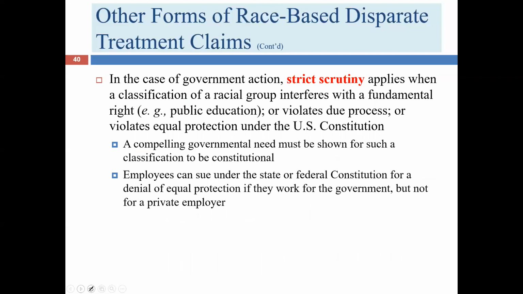And that's the usual standard that we see in race issues. There has to be a very compelling government need before you can have classifications based upon race be upheld constitutionally. I would probably argue that it would never be able to be approved.